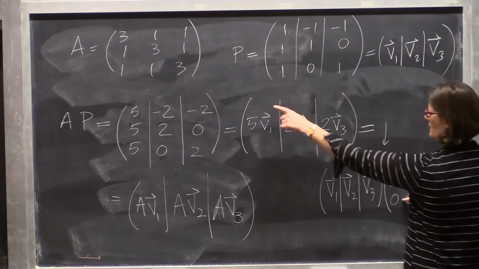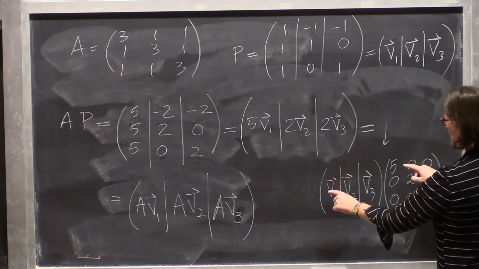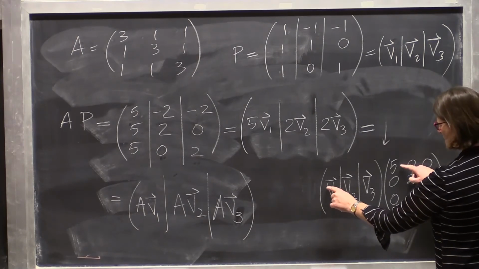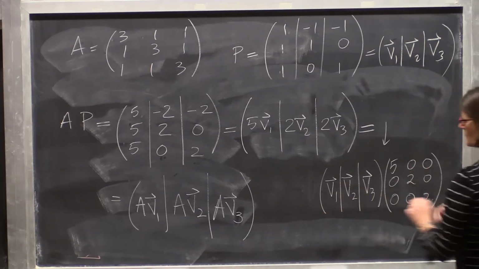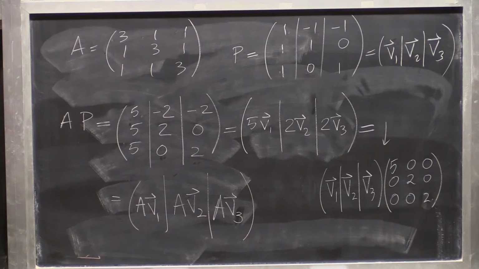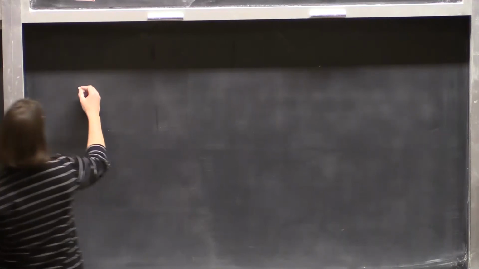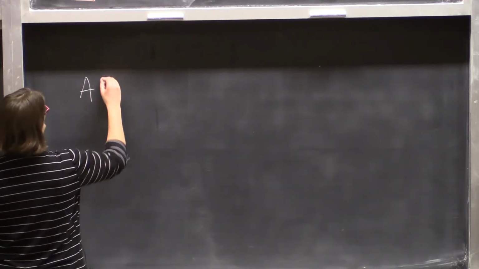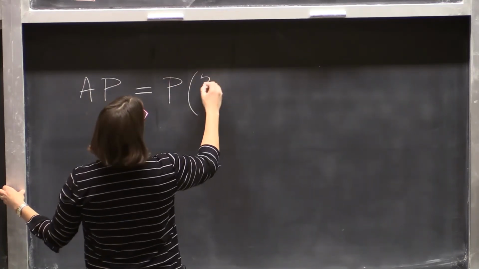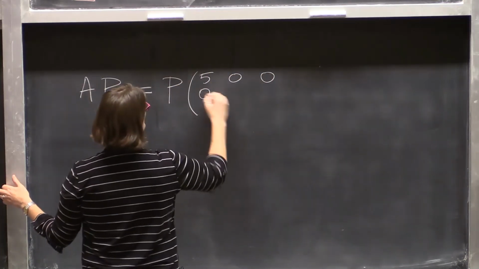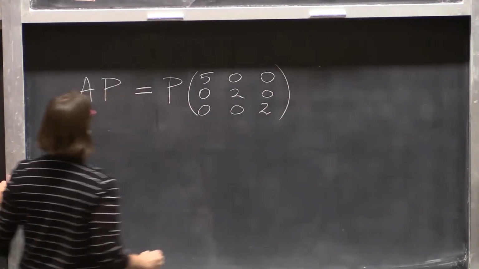That would give me 5 times the first entry of V1. If I went down one row, I would have the second entry of V1 times 5 plus 0 plus 0, and so forth. So what have I figured out? I have figured out that A times P is equal to P times the diagonal matrix with 5, 2, 2. That's one thing I figured out.